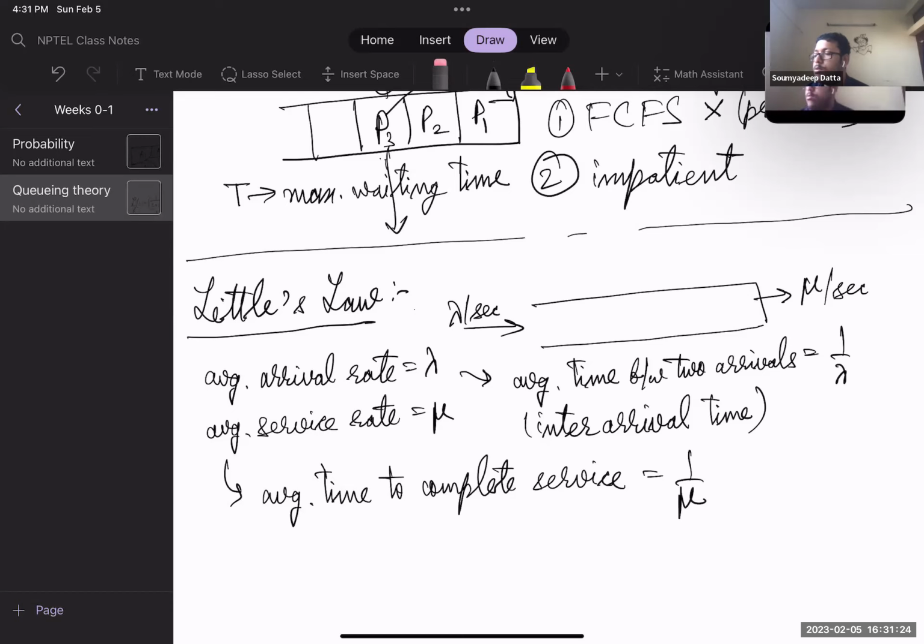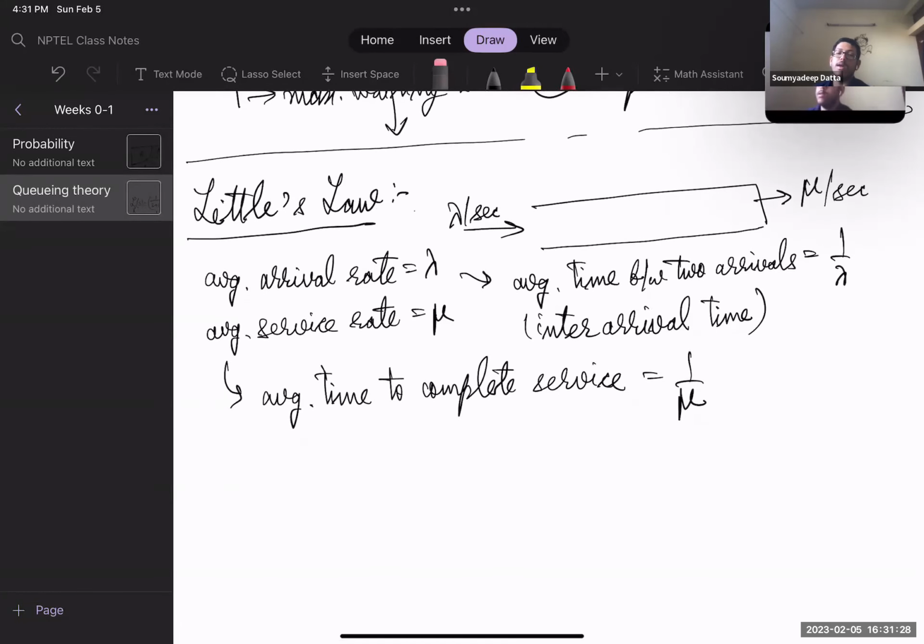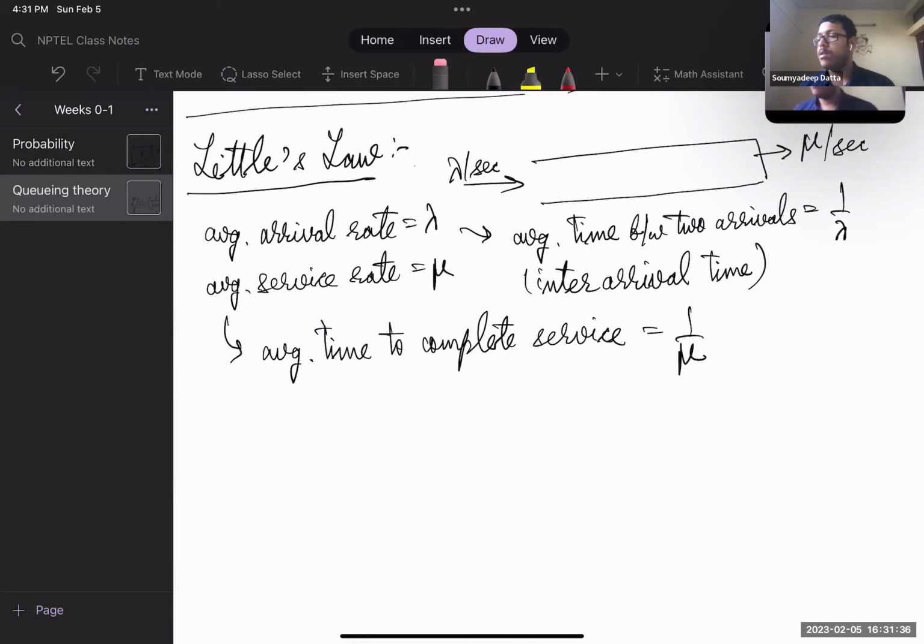So these are the two most important quantities, arrival rate and service rate, that characterize any queue, right? As a layman, you want to figure out how much time you will have to wait at the bus stop, or in a queue.